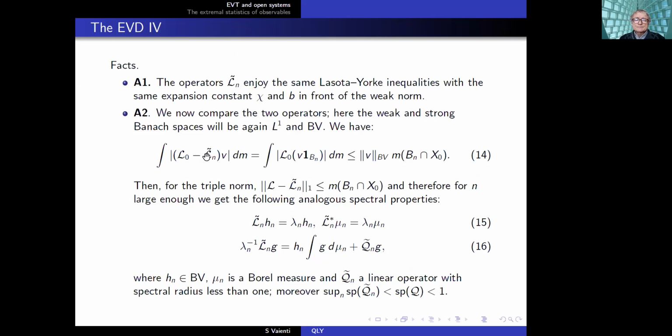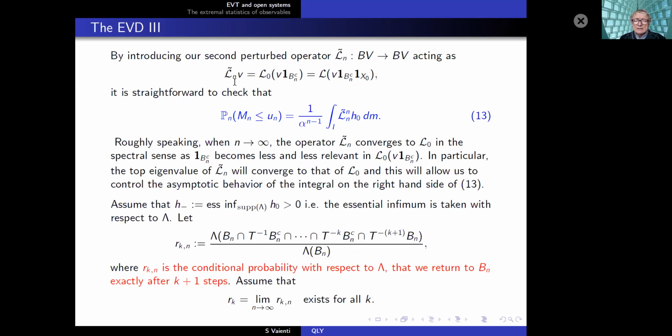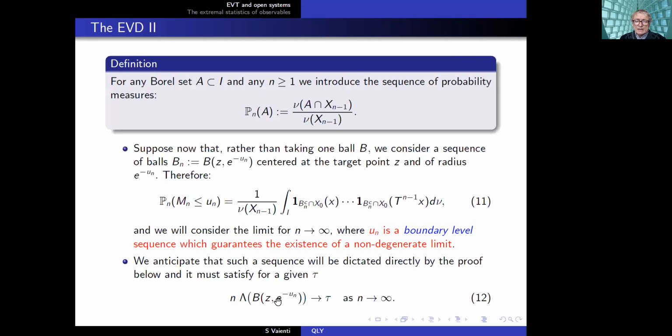In particular, I look at this operator. I'm sorry, it is important to notice that this operator is indexed with n because it's constructed just using the characteristic function of the complement of the hole, and the hole now will be chosen with radius which is e to the minus un.